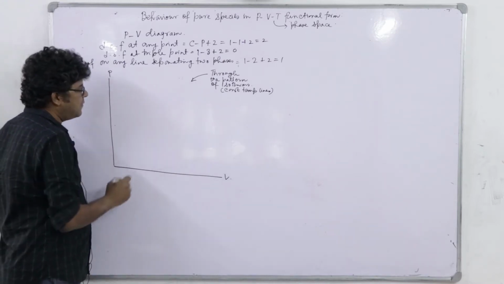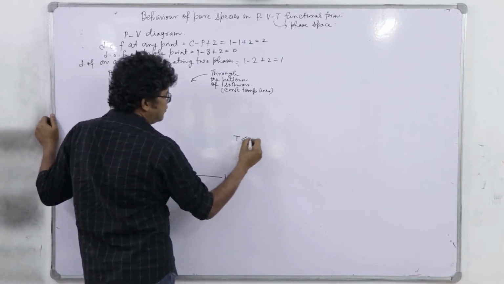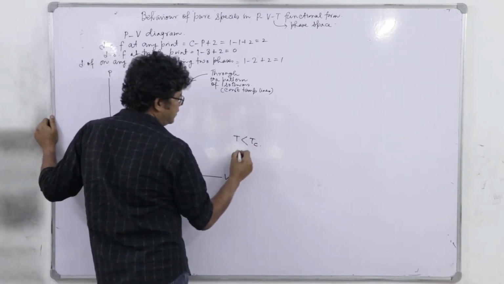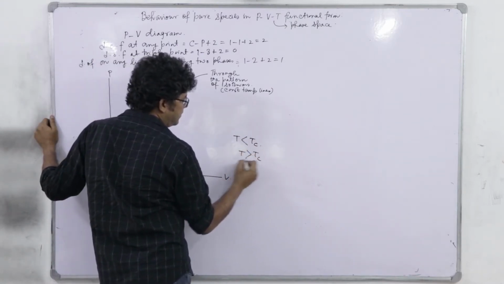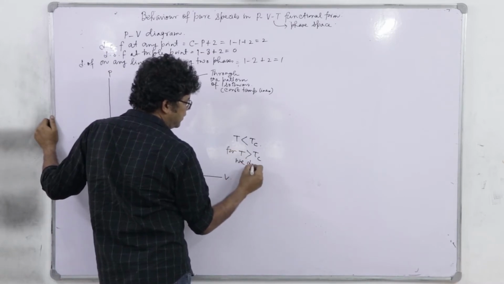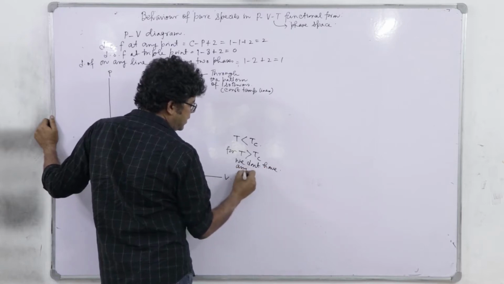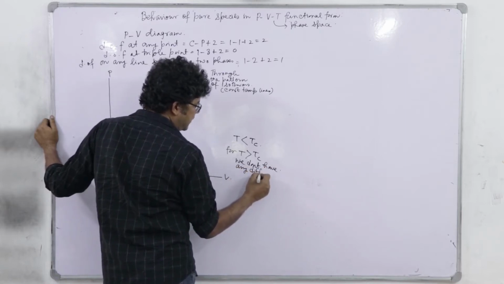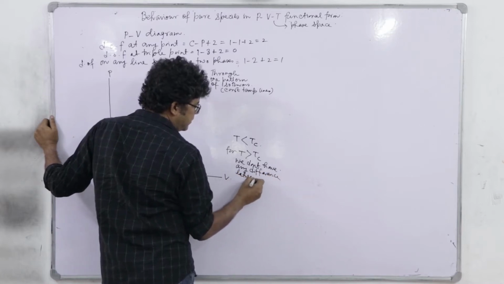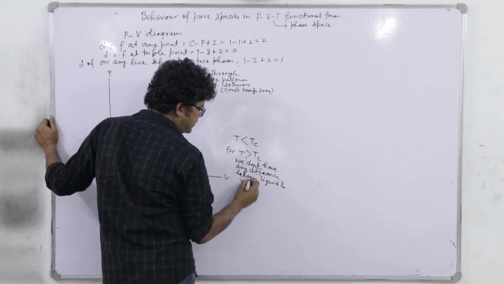So, at a temperature less than the critical temperature of that system, and the critical temperature is something you see that for T greater than Tc we do not have any difference between liquid and vapor, right.